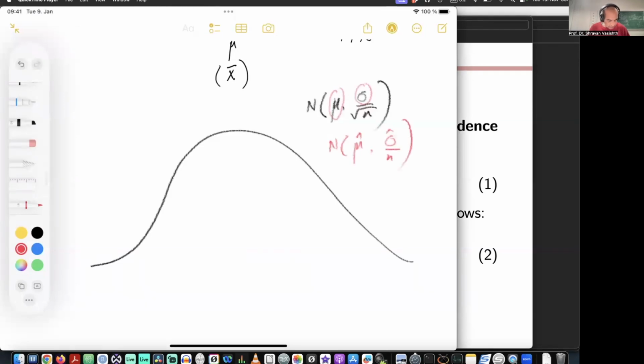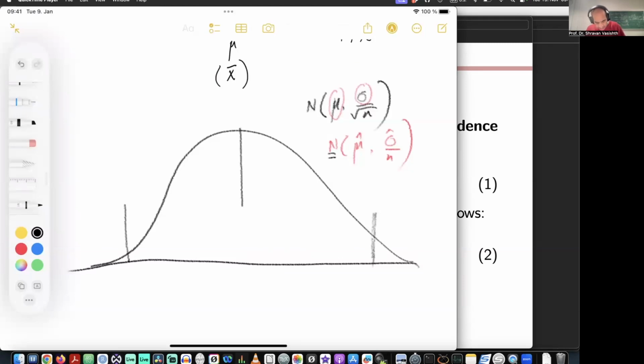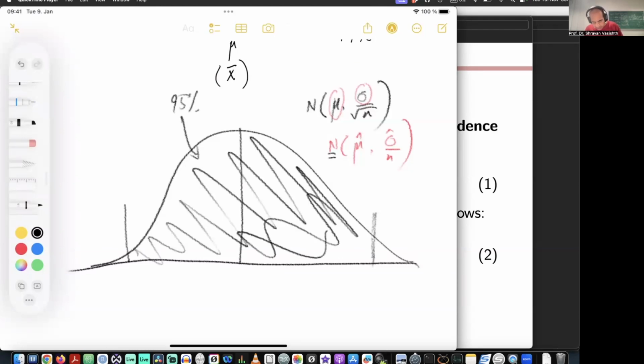And so the important thing is that because the distribution is normal, certain properties of the sampling distribution have to be true. And what are those properties? Well, one property is that 95% of the area under the curve is covered by going from the center point of this distribution 1.96 times the standard error.